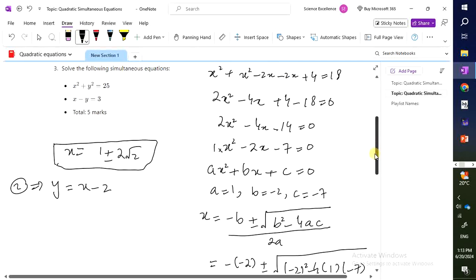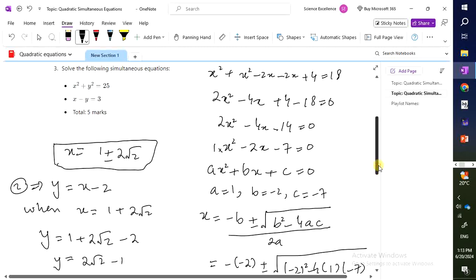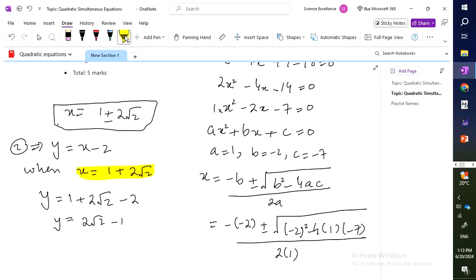And when x equals to 1 plus 2 root 2, we can substitute this value over here, so y will be 1 plus 2 root 2, this is the value of x, and minus 2 as it is. So minus 2 plus 1 will be minus 1, so it will be 2 root 2 minus 1, which is the value of y when x is 1 plus 2 root 2.